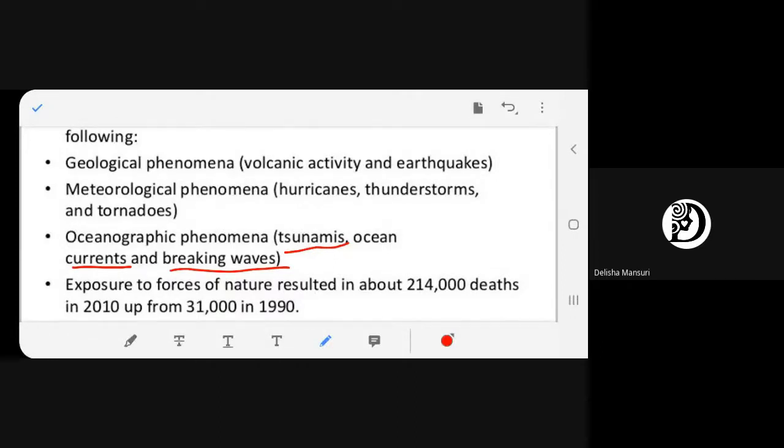It had increased, remember, from 31,000 in 1990, it soared to 2,14,000 in 2010. Do you understand why it is increasing? Now nature is playing with us. We played with nature. Now it's the time that nature is playing with us. Is it clear?